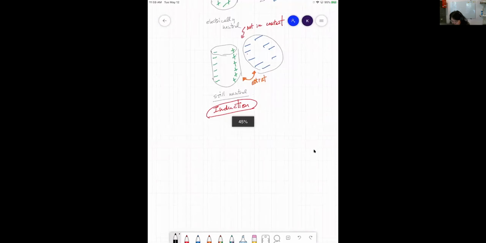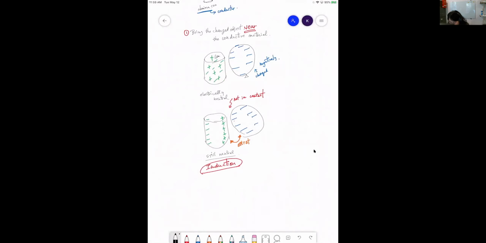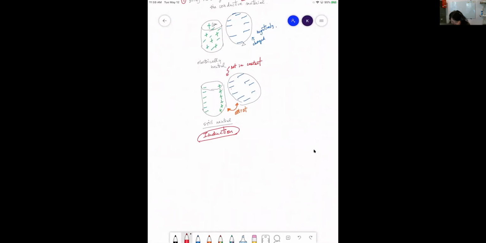Step 2. That's bring the balloon near the conductive material and you induce the charge. Number 2, make a contact with neutral conductive material.